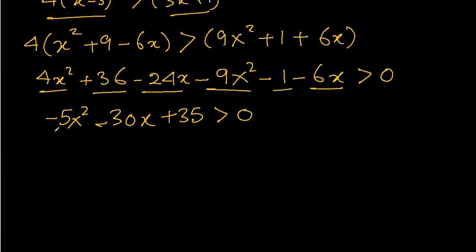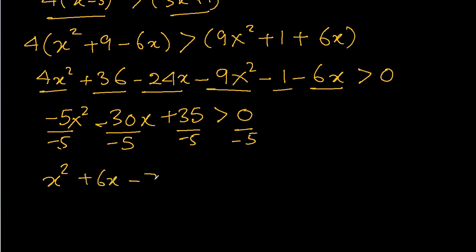Let me divide the whole of it by negative 5 so that the leading coefficient becomes positive. All of them can be divided by 5, so that's why I chose 5. So it becomes x squared plus 6x minus 7 less than 0 now. Because whenever we divide by a negative number, we have to change the sign.